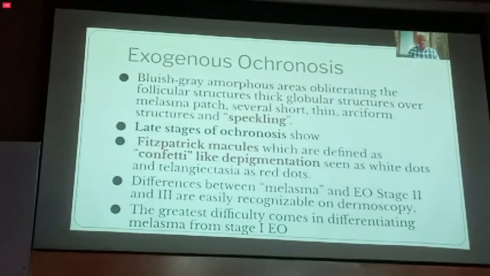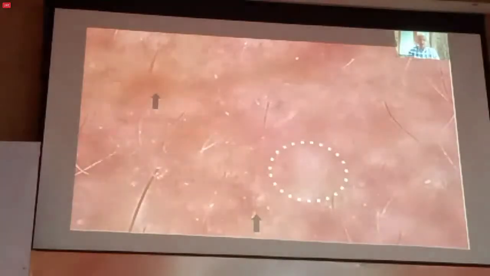And on dermoscopy, you have these curvilinear or linear specks, lines which are typical of ochronosis, and these Fitzpatrick macules are represented by areas of hypopigmentation.